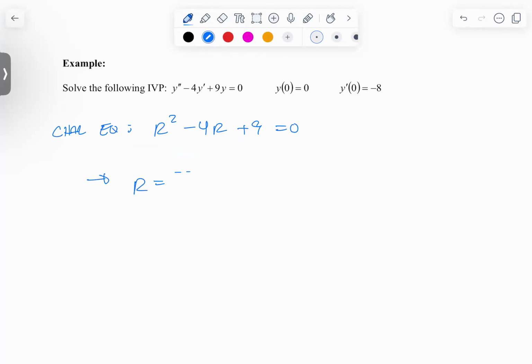Once again, quad form, and again, this is one where we could just plug in.